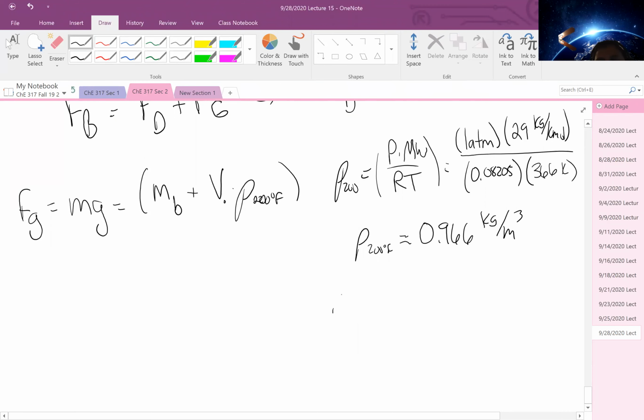And now if I also compare that with the density at 50 degrees, I would find my density is higher.